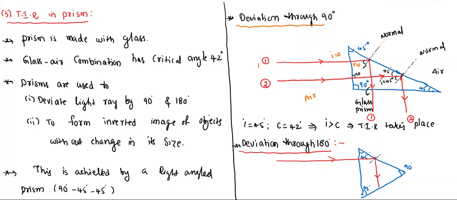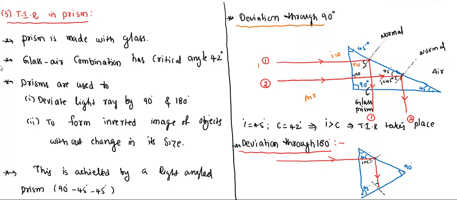And here also we have to draw the normal, right? This is the normal. And again the light ray undergoes total internal reflection, because here also the angle will be 45 degrees. That is, I greater than C. If I is greater than C, the light undergoes total internal reflection.